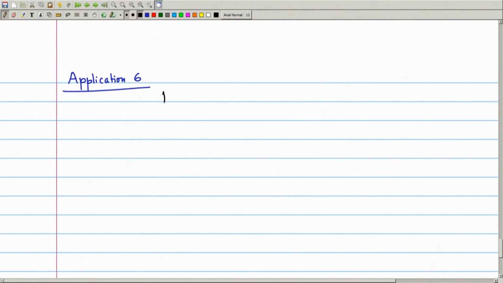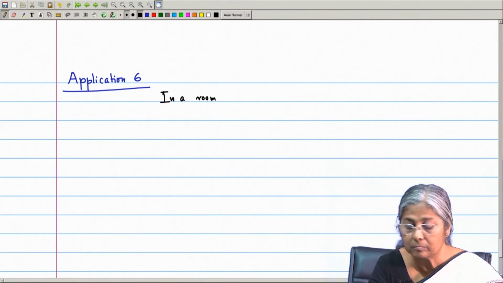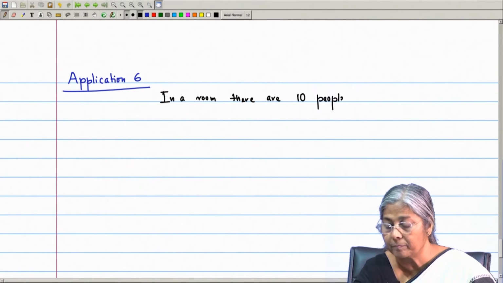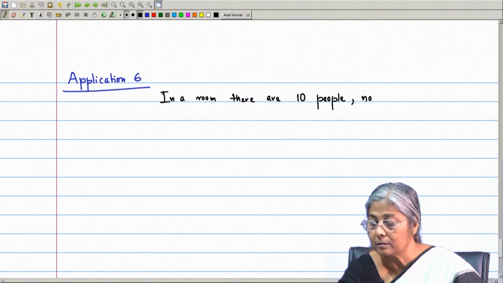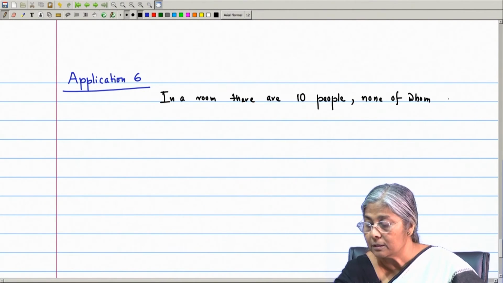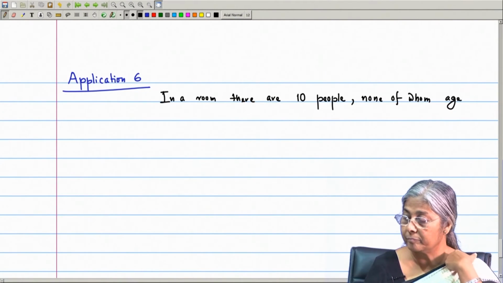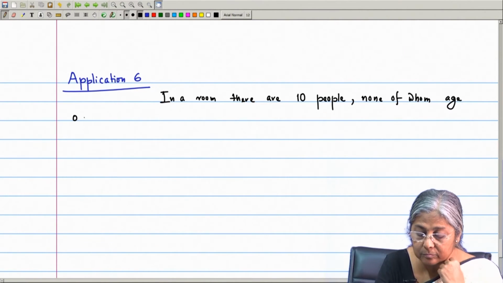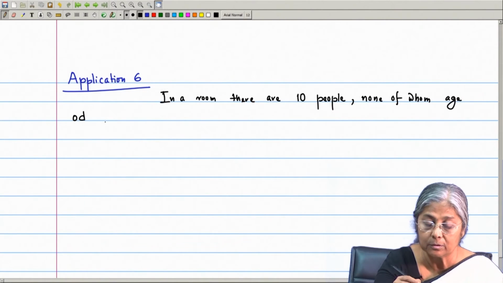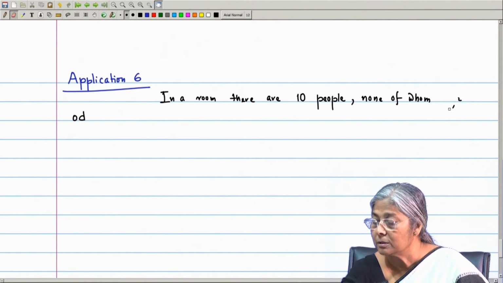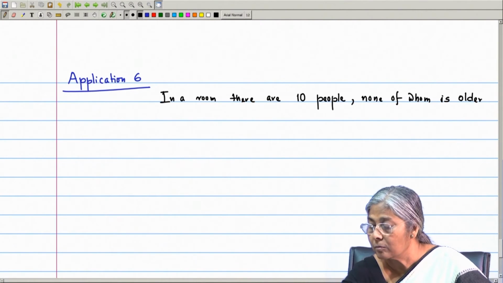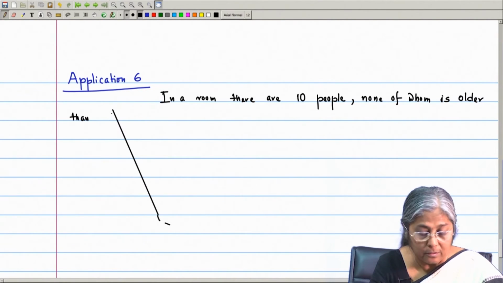I write the problem: in a room there are 10 people, none of whom is older than 60.